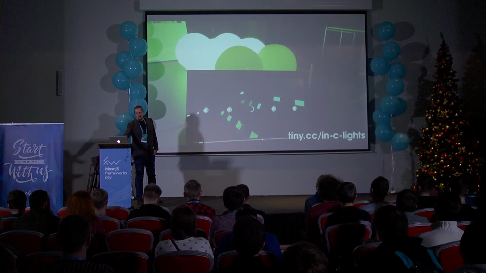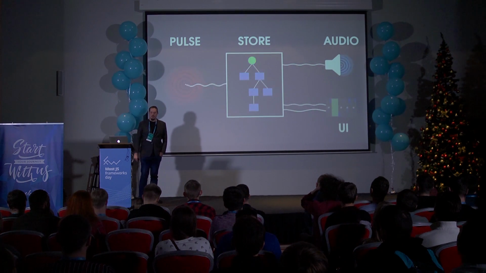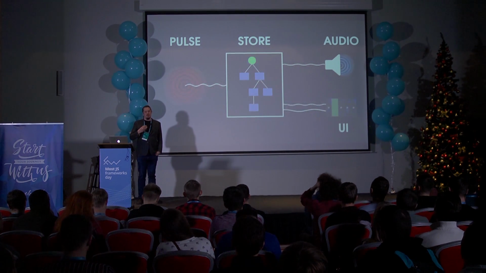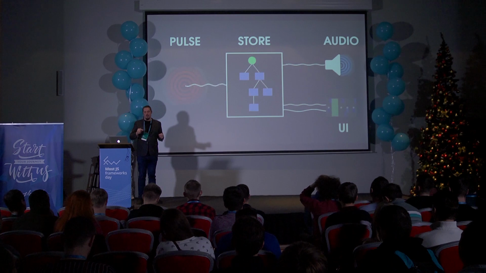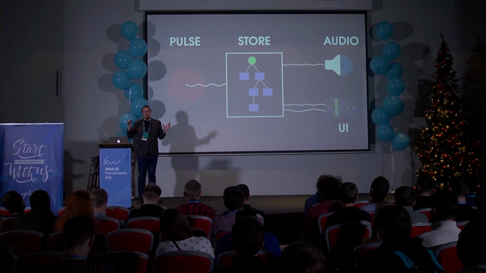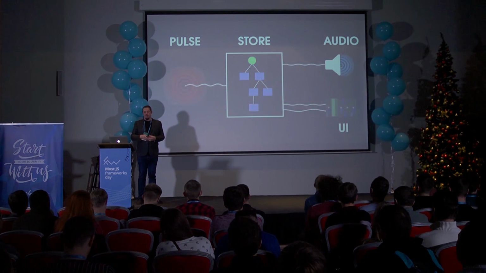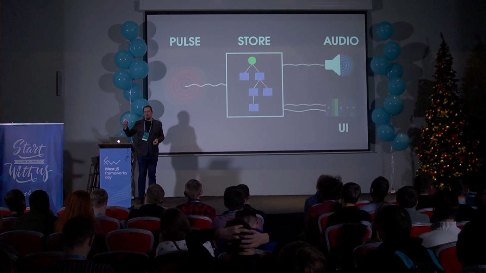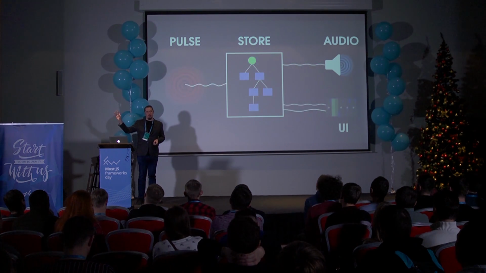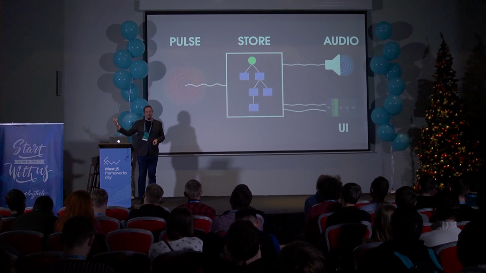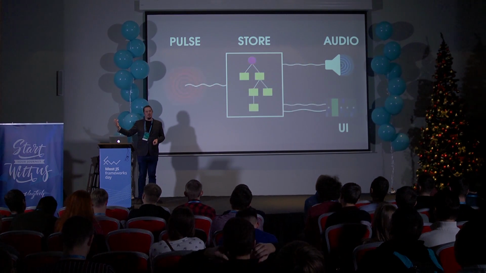And I think it follows from using this observable architecture where these things exist, but they don't care about each other that much. So I'm able to add, for example, one more output next to the audio and UI, which is the light controller, without the rest of the system even really noticing.